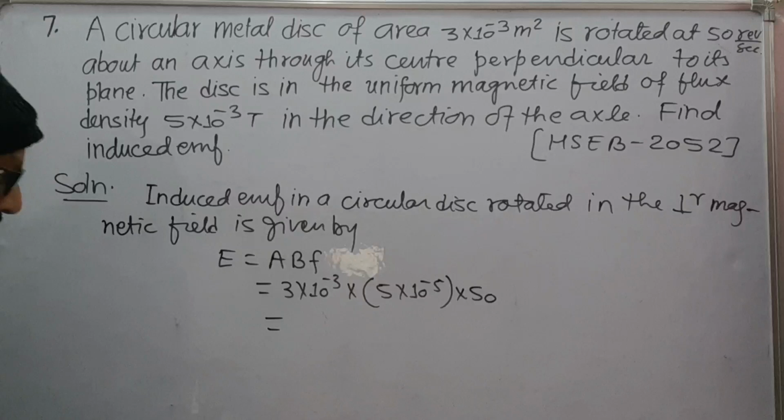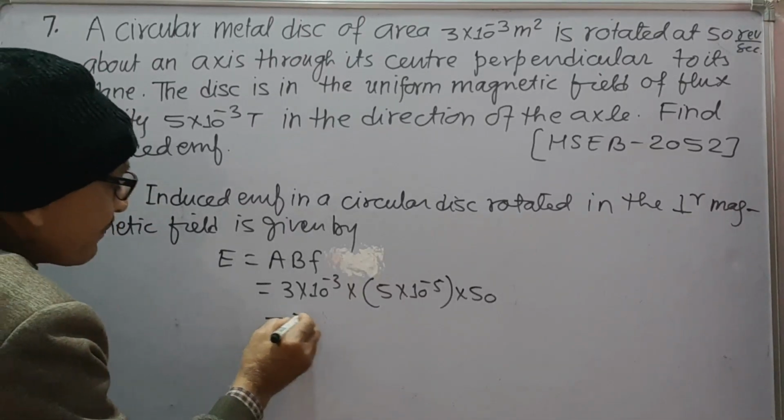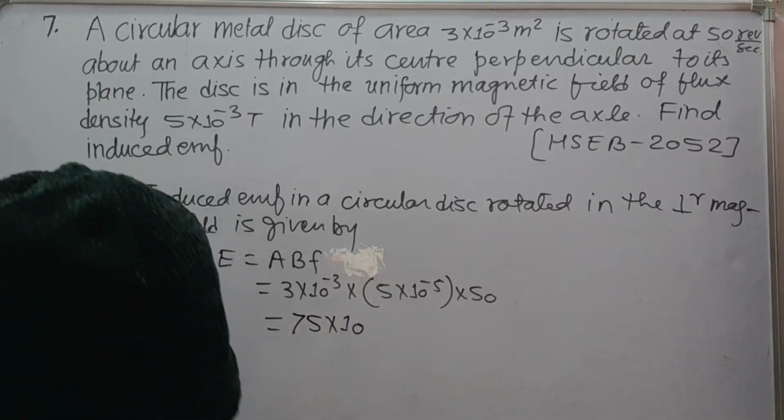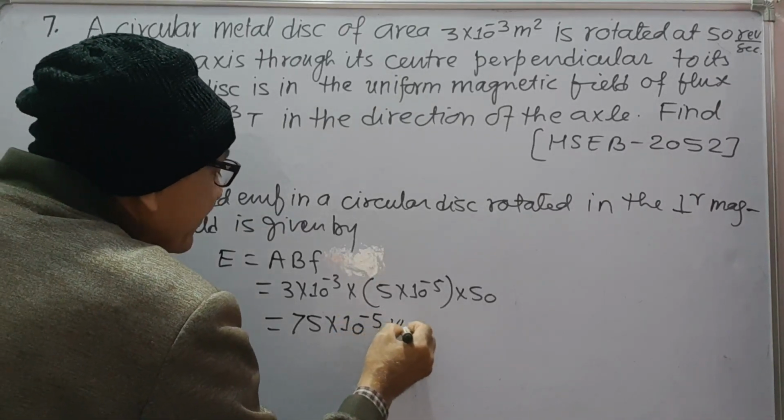So we get induced EMF as 75 into 10 to minus 5 volts.